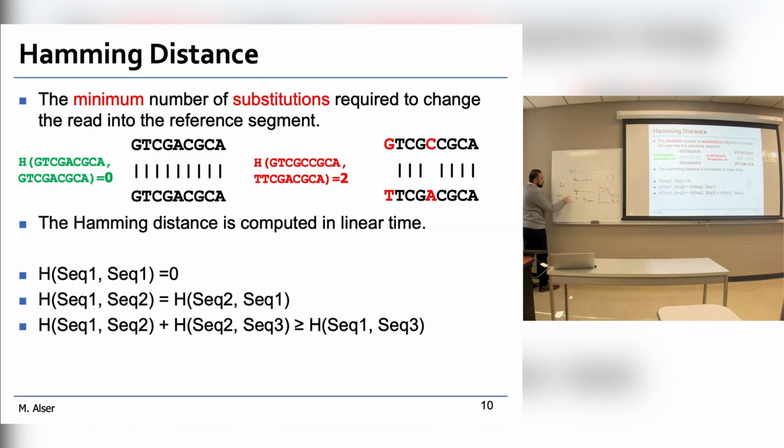So the Hamming distance over here plus the Hamming distance over there is greater than or equal to the Hamming distance between the first and the third.